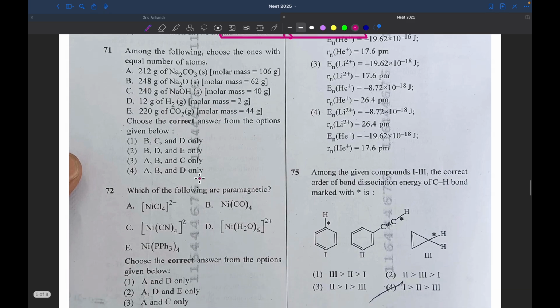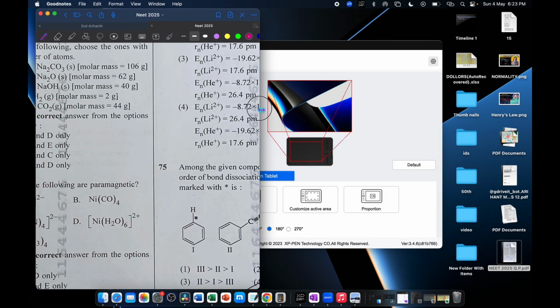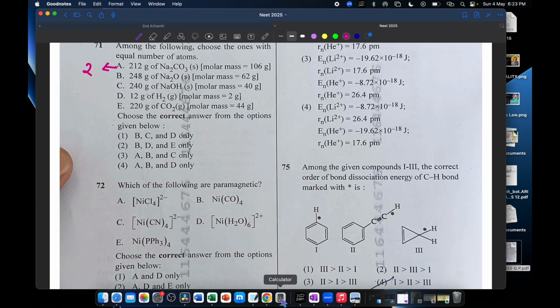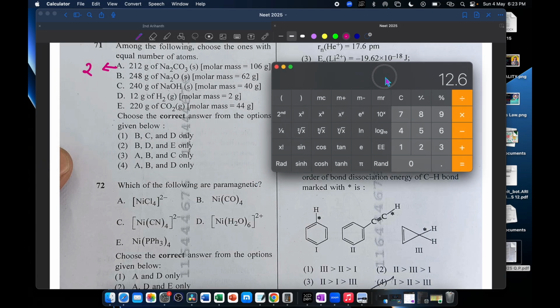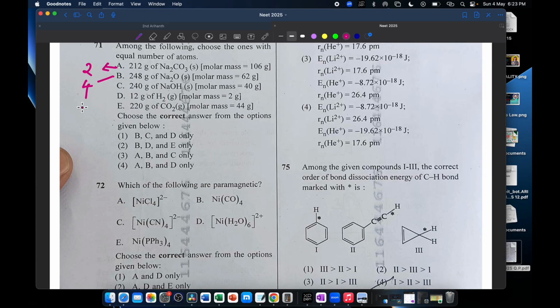Right. The next one, 71. Which of the following have an equal number of atoms? First we calculate moles. 212 equals 2 moles. 248, how much is it? Let us use the calculator to save time. 248 by 62 is 4 moles.